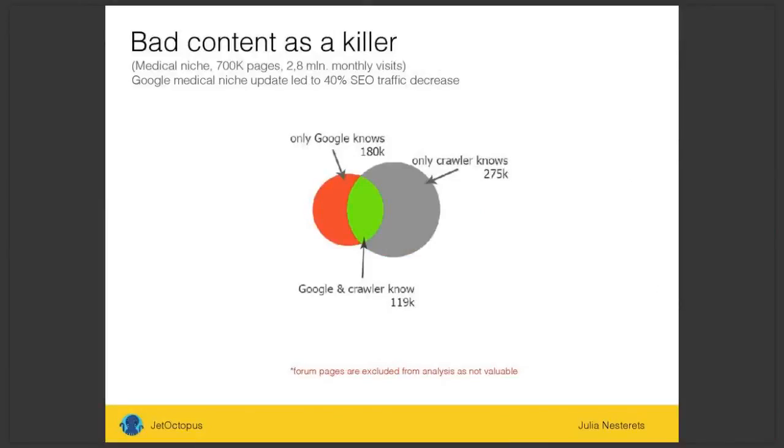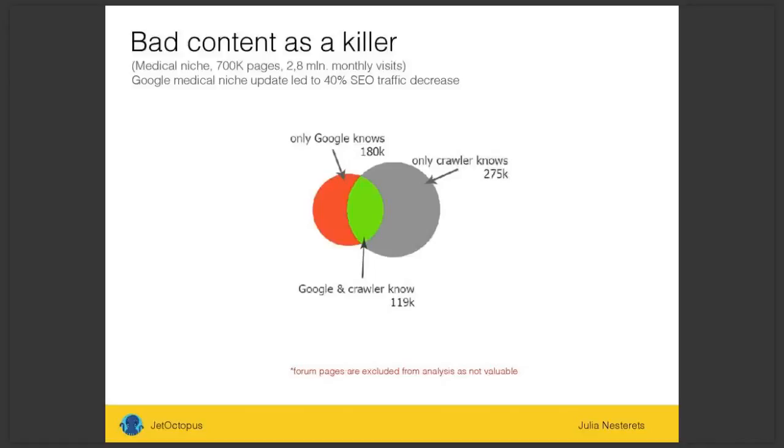The website has 700,000 pages, and right now it has around 3 million monthly visits, and they used to have more than 5 million monthly visits. They came to us after the recent Google update, especially in the medical niche. There was a dramatic decrease, and they had a 40% SEO traffic decrease.